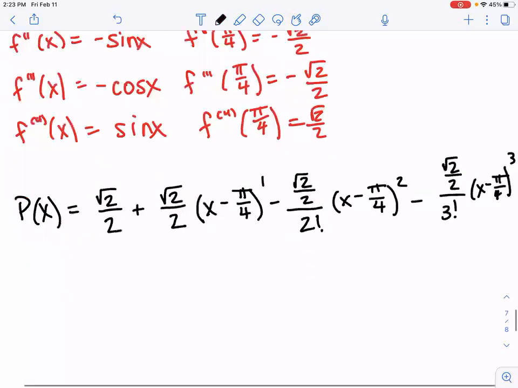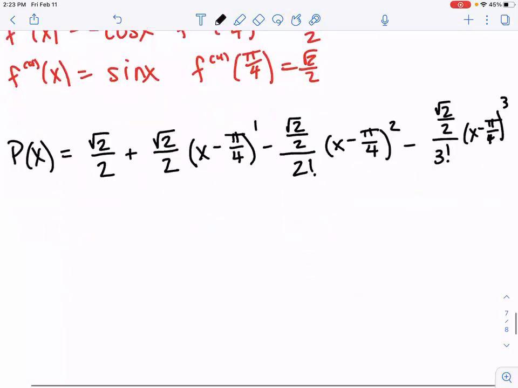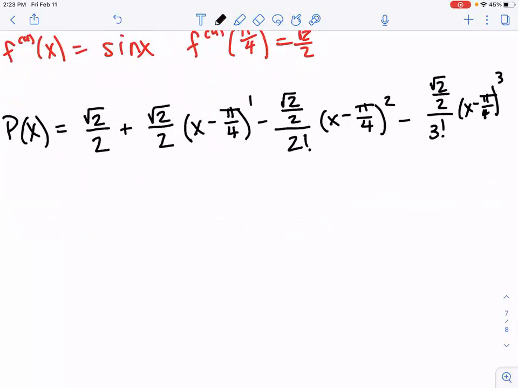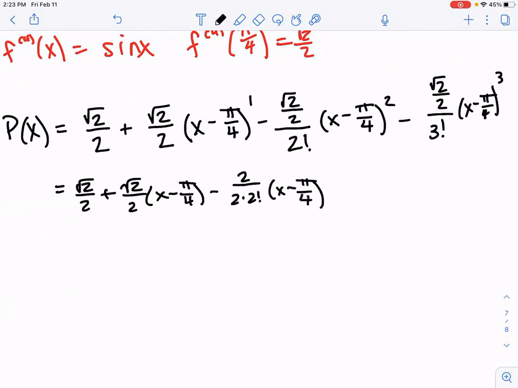Now, I don't mind you leaving it like this. Some of you may prefer not having a fraction in a fraction, and so writing this might feel better for you. Combining those denominators together. Okay, and we could go on, but right now I think we get the point.